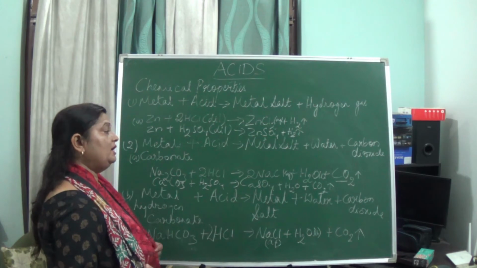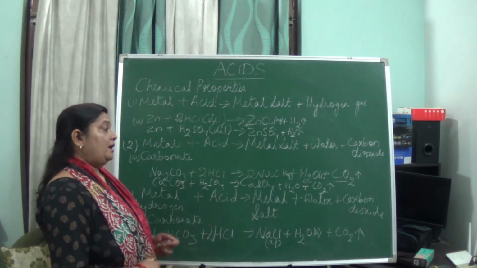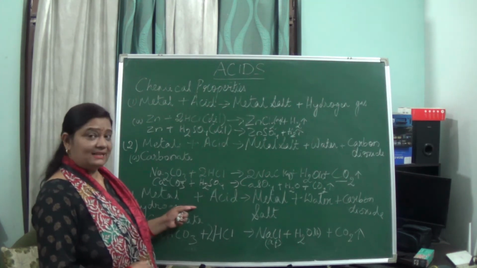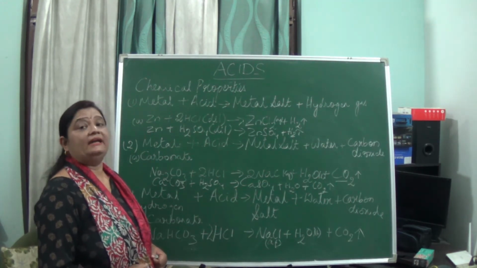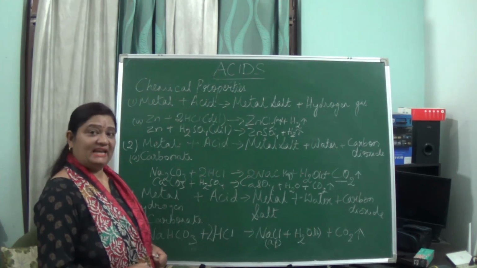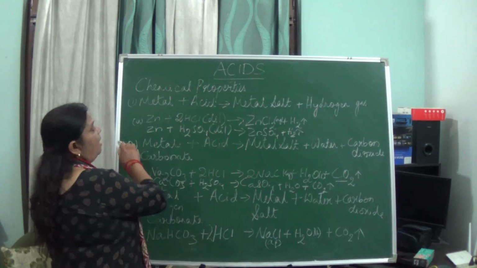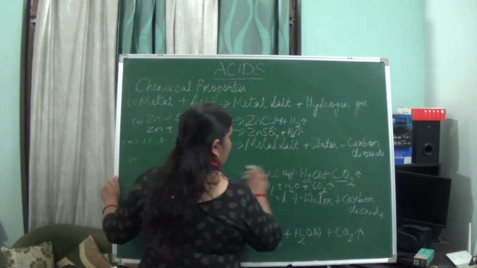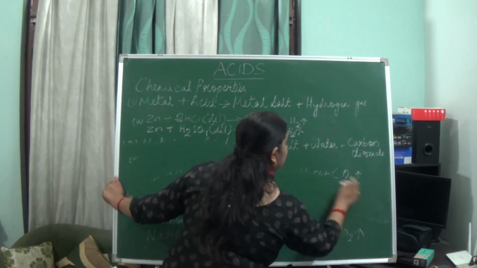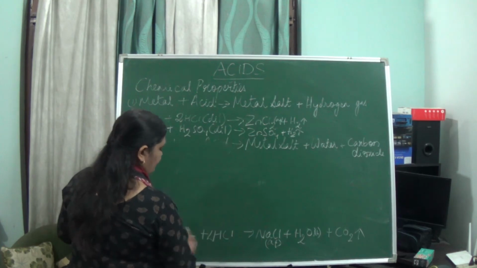How can we test the presence of carbon dioxide? The best test is when we pass this carbon dioxide through lime water, it turns milky in nature. Why does it turn milky? Some reaction must have taken place, isn't it?